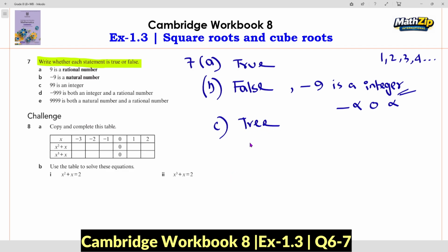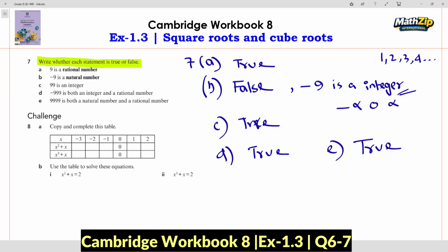What about number D, minus 999 is both an integer and a rational number? Is it true? Yes, it's true. And number E, 999 is both a natural number and a rational number. What do you think? Yes, it is also true.